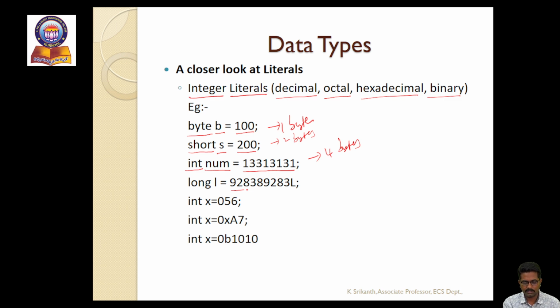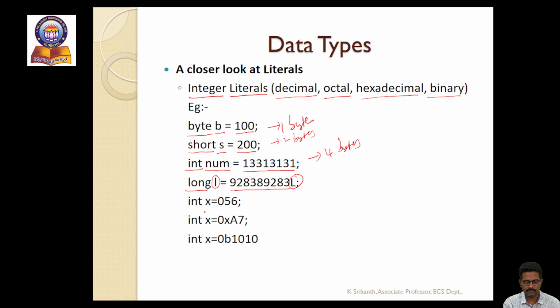Here you can see a value which ends with capital L, which means that it is a long value, a long integer, right? This is a variable of a primitive data type, and we have given a value 9283892283. Because it is a long value, we need to end with capital L or small l.